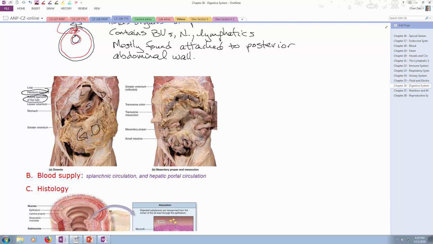Now, the greater omentum in the human and the cat is very different in that the human has tons more fat in the greater omentum, because we have a high-calorie diet, so we have a lot of intra-abdominal fat. Your cats who were well-fed will have a lot of fatty ribbons through their greater omentum, and those that were not so well-fed will have fat, but it's going to be skinny little fat in its greater omentum.